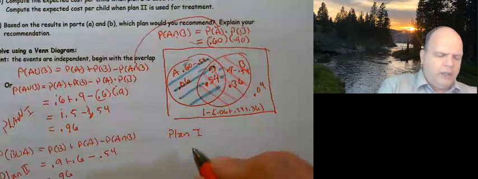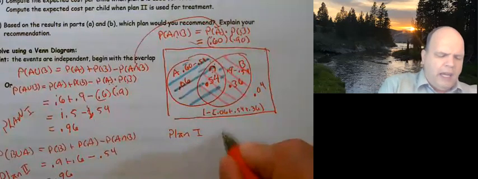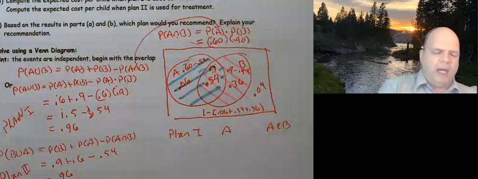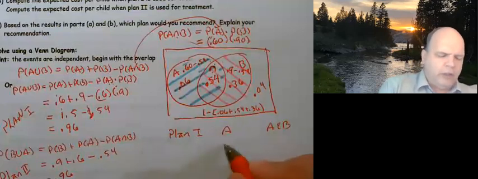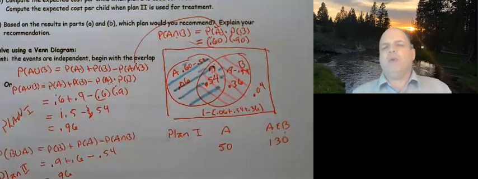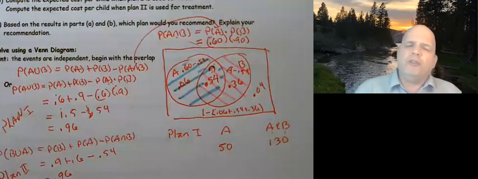So plan one, we buy A, or we might have to buy A and B. If we just buy drug A, it costs $50. If we have to buy A and B, it's the 50 plus 90, so it's $130. So that's what we have to buy. The question is, what do we do about this?